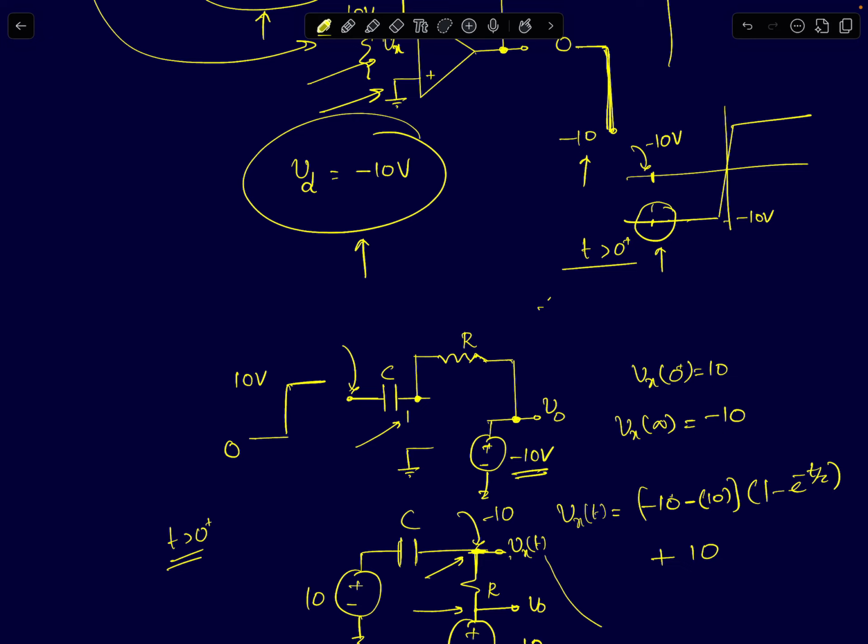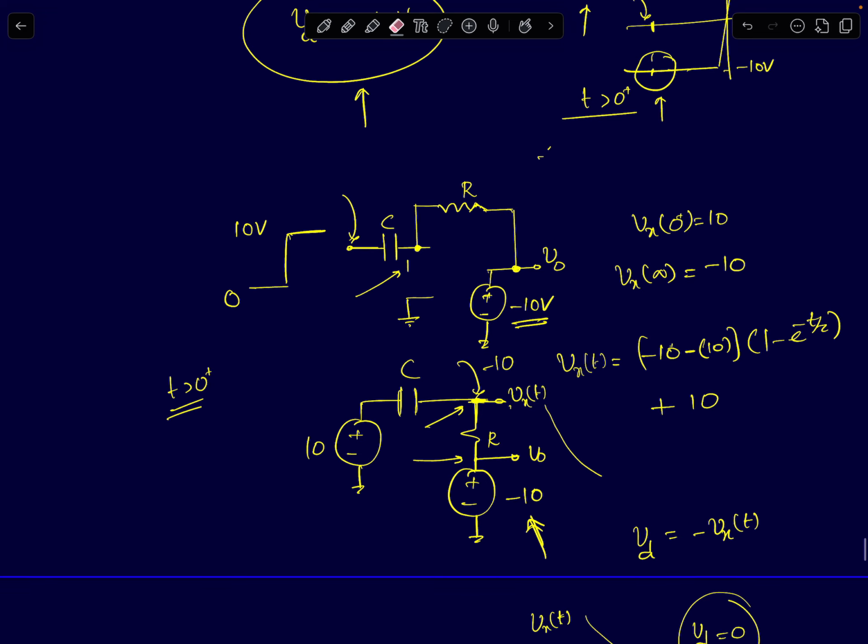Now you will be left with a circuit that looks like this. At the input plate, one side of the capacitor will be at 10 volts. The step has already arrived, now we are at t greater than 0 plus. So this node voltage will be at 10. Vx of t, the other end of the capacitor, is just at 0 plus, Vx of t is at 10 volts.